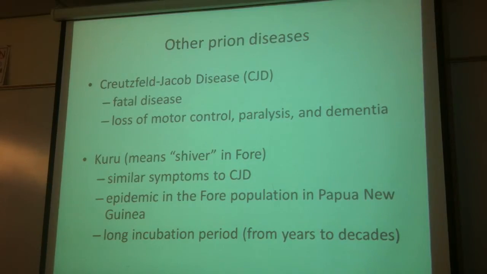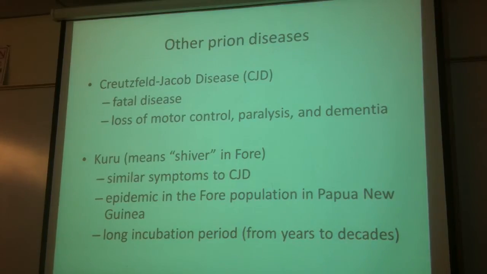Sometimes they have long incubation periods, which makes them even harder to detect. If you only have one misshapen protein turning its neighbors into misshapen proteins, it might take a while before you have enough to start noticing. One bad cell is not nearly as bad as hundreds or thousands of cells, when you think of how many cells we have in our body.